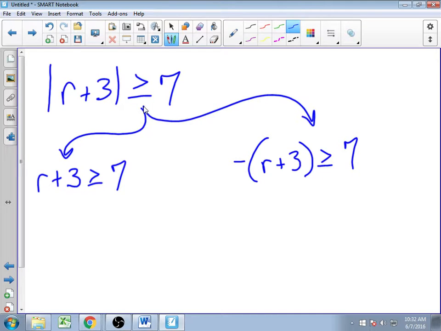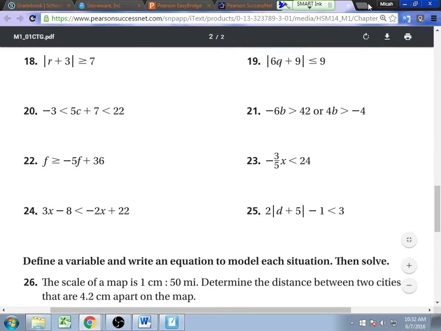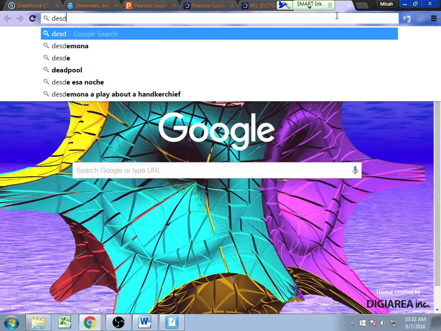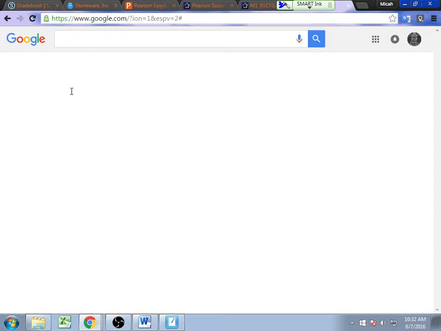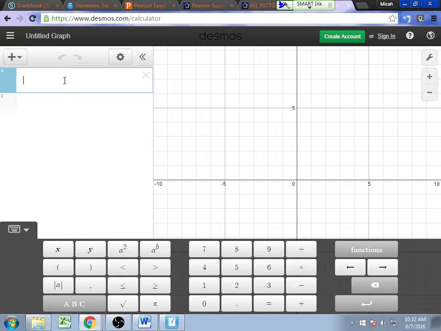To start out with, the absolute value of r plus 3, if I go to Desmos, I don't know if I have this up still. What does an absolute value graph look like?